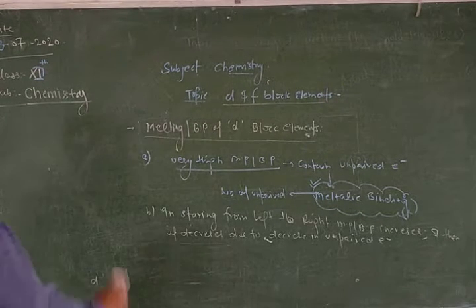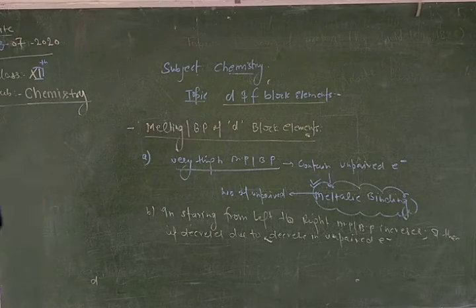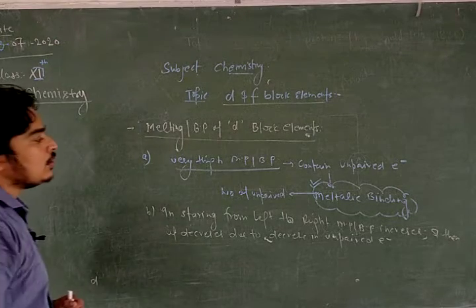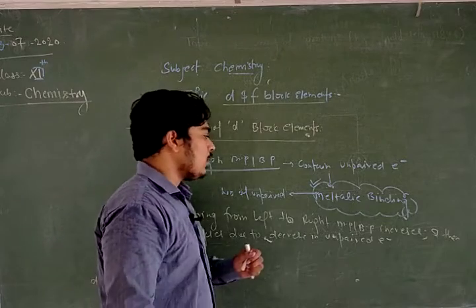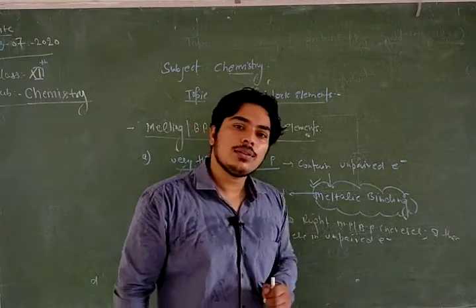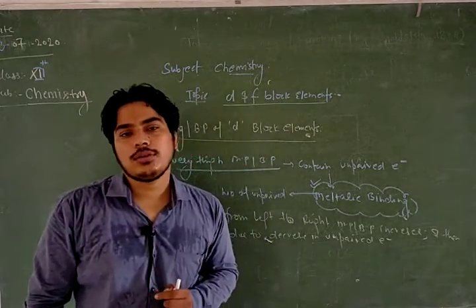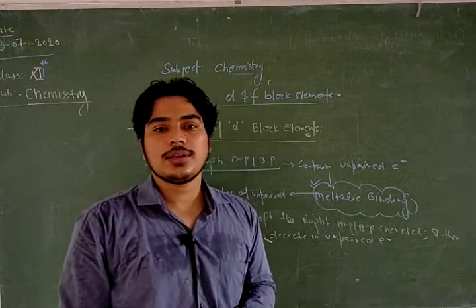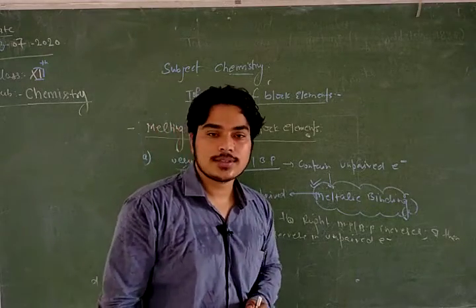These are the two points which you have to understand very sincerely, that melting point and boiling point depend on the number of unpaired electrons. As we increase the number of unpaired electrons, melting and boiling point increases.